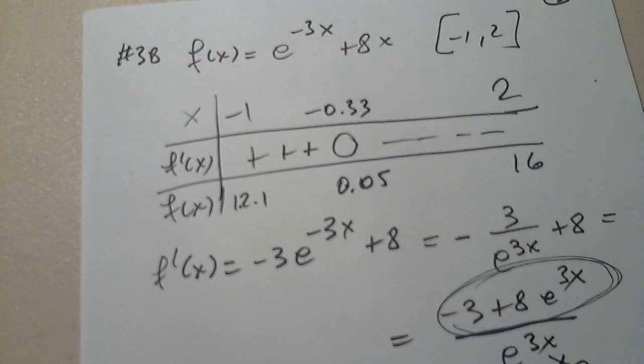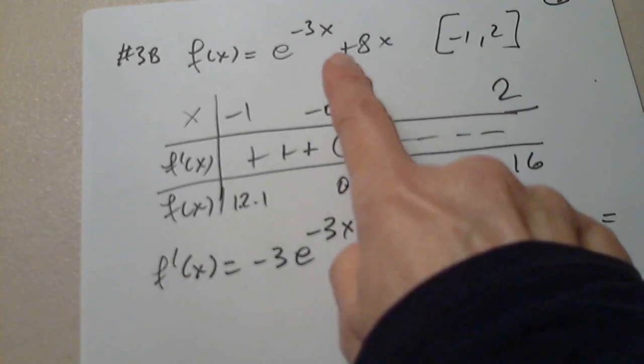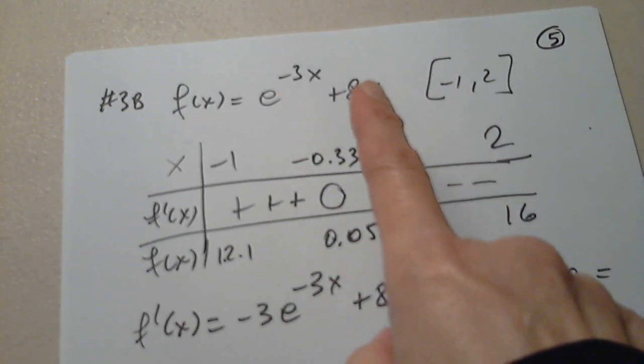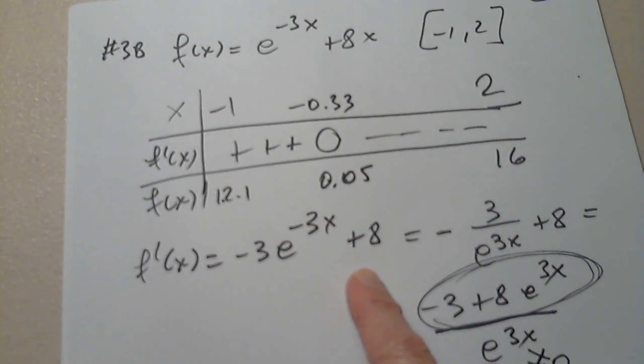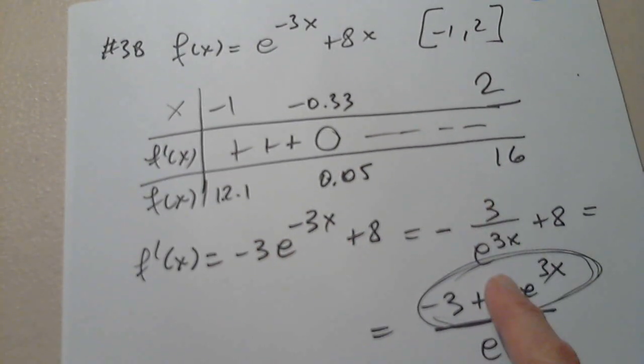But how can -0.33 be 0.05? Okay, let's assume it's correct. Let me put the derivative in now. I'm checking the derivative one more time. E to -3x is e to -3x times the inner function prime, which is -3, and plus 8. -3 over this, the least common denominator, -3 plus 8.